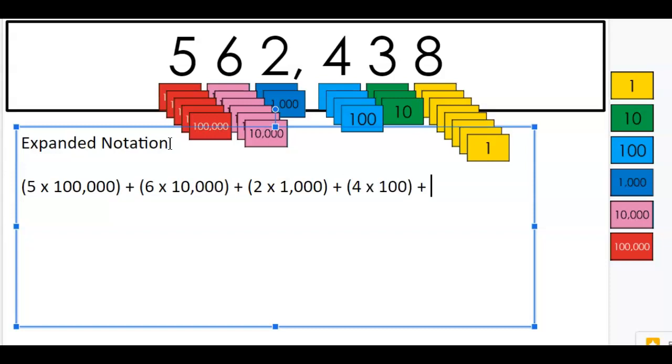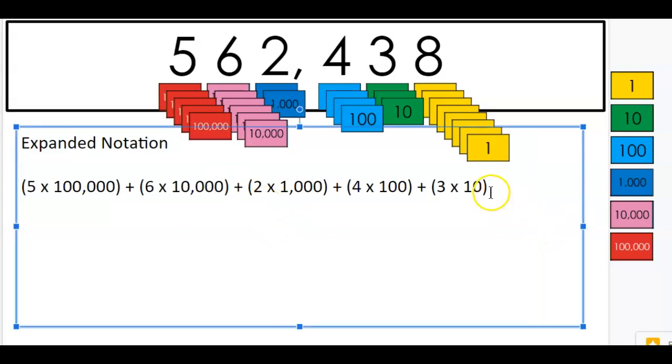Plus, my 3 groups of 10. Ooh, need a little more space here. All right, and then I'm going to add my last place. I have 8 groups of 1.